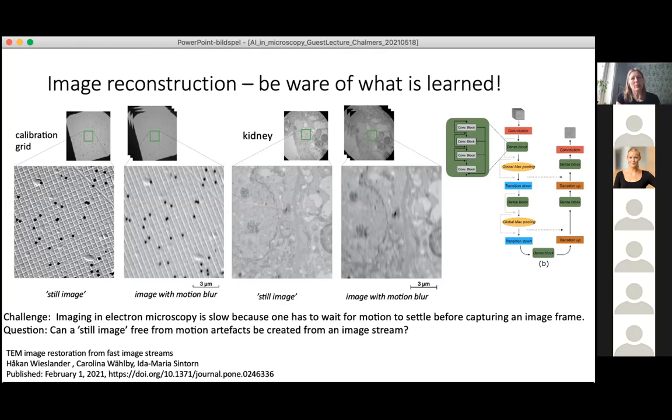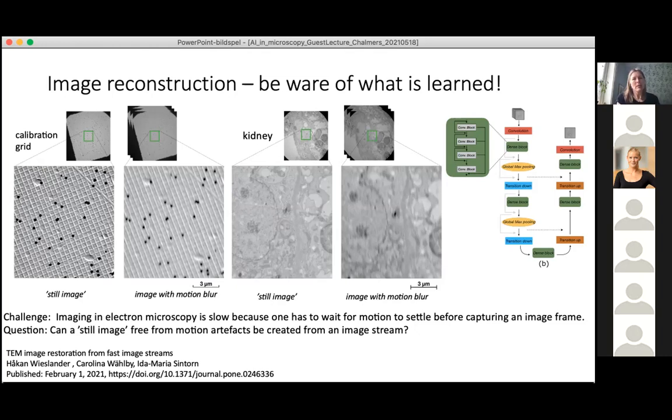In this case, we were working with electron microscopy. Electron microscopy has very high resolution, meaning that it's also very sensitive to shaking. If something is moving slightly, every little motion will be picked up when you try to do the imaging.